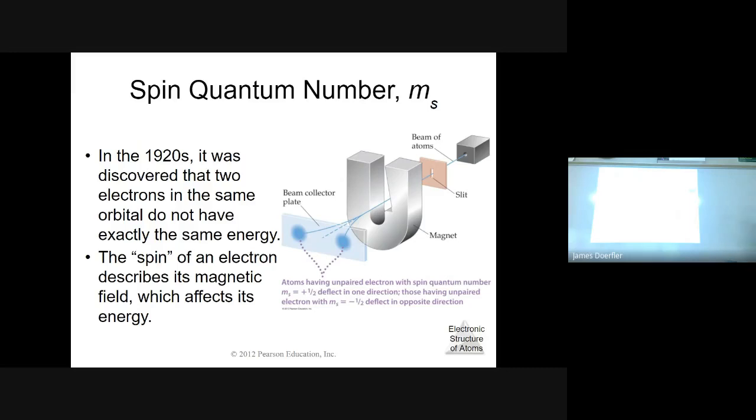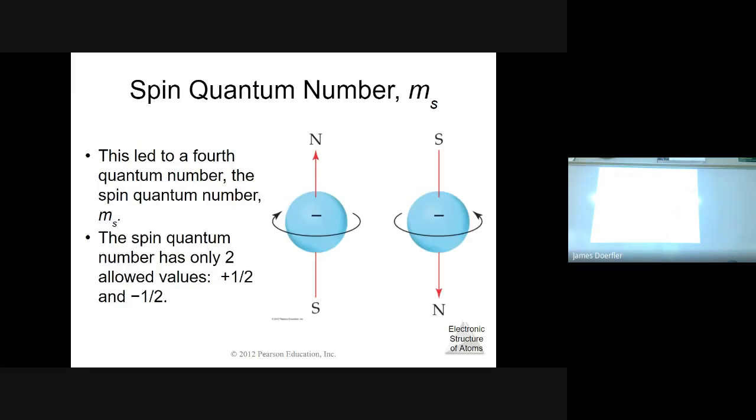In the 1920s, it was discovered that two electrons in the same orbital do not have the exact same energy. So the quote-unquote spin of an electron describes its magnetic field, which therefore affects its energy. And so this fourth quantum number, the spin quantum number, gives us two values, positive 1/2 and negative 1/2.